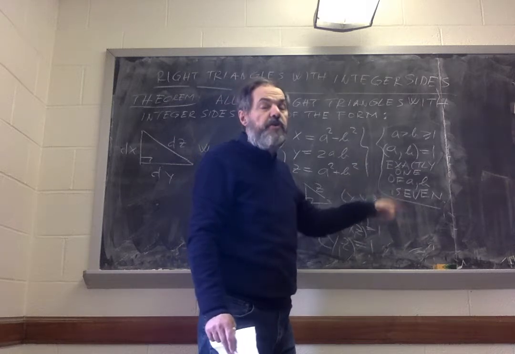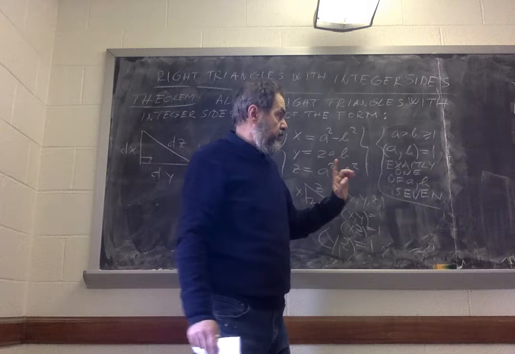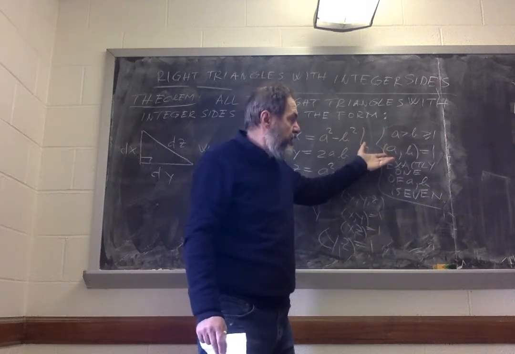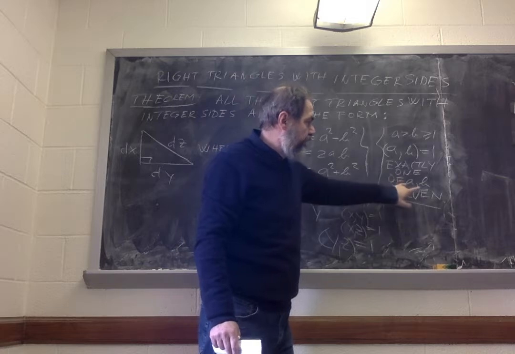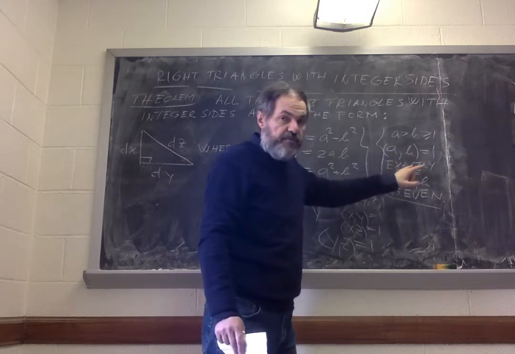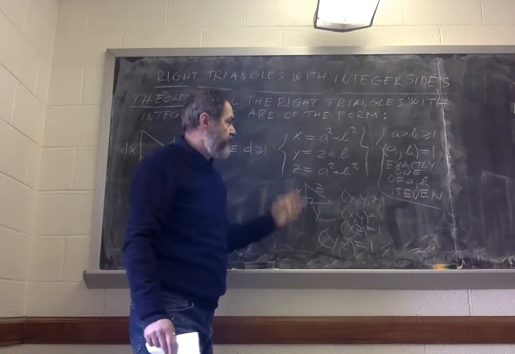But we cannot take both of them to be odd, although two odd numbers can be relatively prime. But what happens if I take a and b both odd, and relatively prime? Just think about what happens.